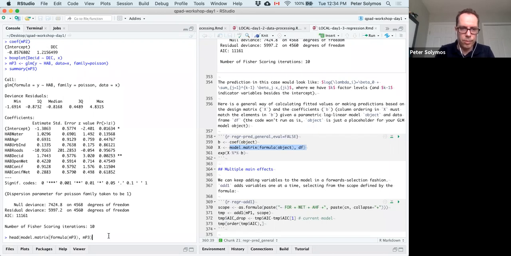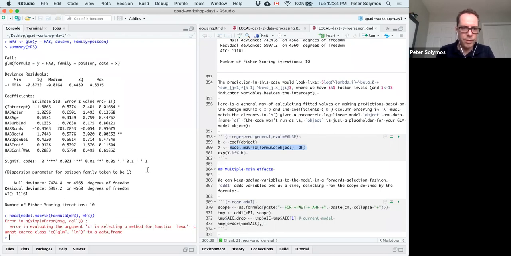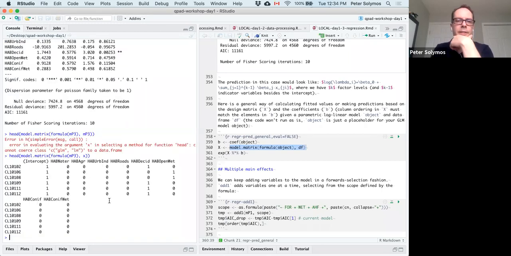So let's just do the top part of it. Oh, this should be a data frame like X. Then this is what we get.